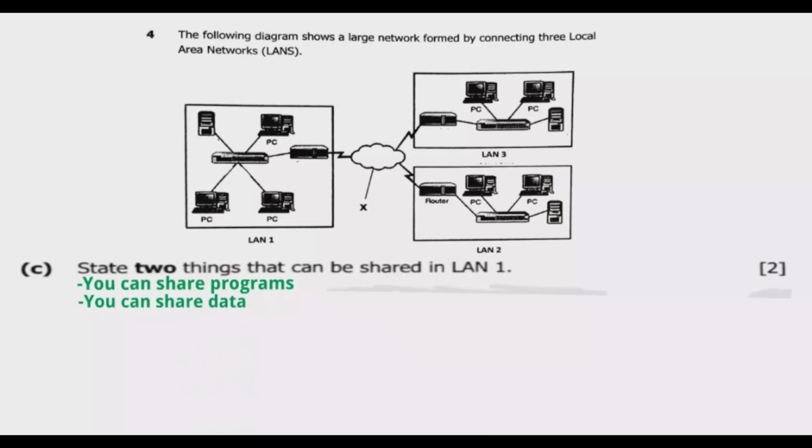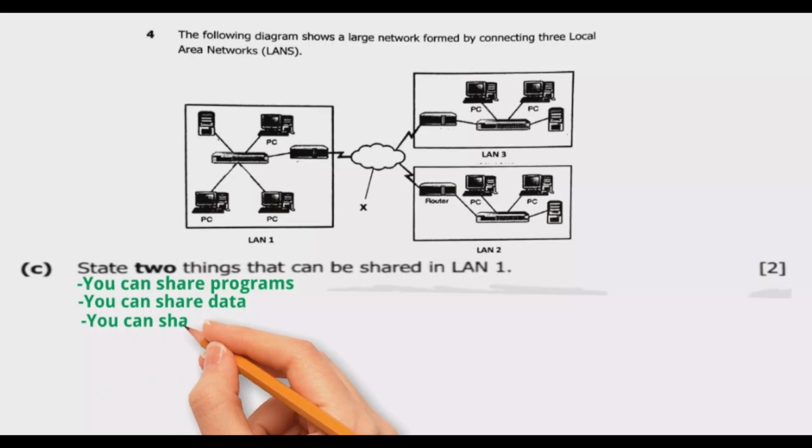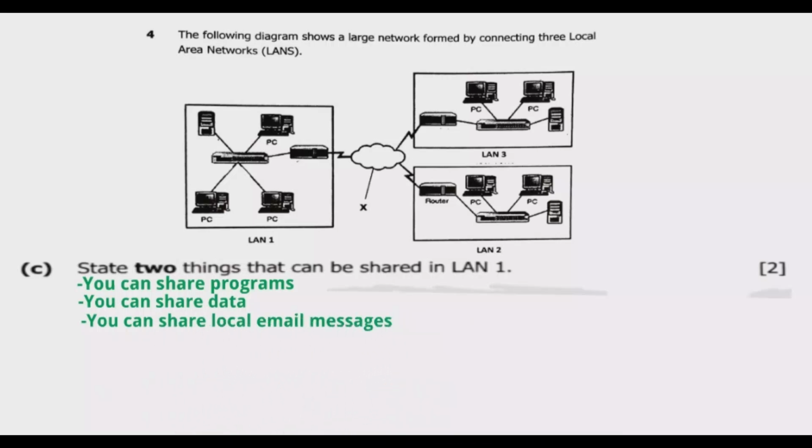Three, you can also send each other local email messages. So I've given you 3. One, you can share programs. Two, you can share data. Three, you can also send each other local emails or messages. Those are the things that can be shared in line 1.